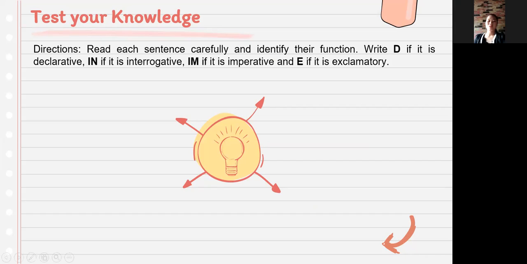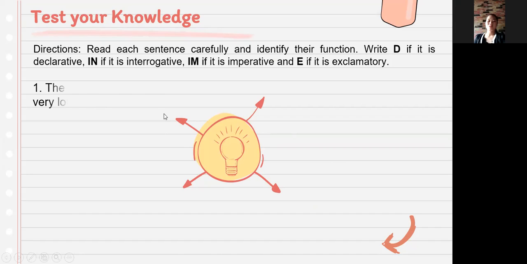Before we end the discussion, let's test your knowledge. Read each sentence carefully and identify its function. Write D if it is declarative, IN if it is interrogative, IM if it is imperative, and E if it is exclamatory.